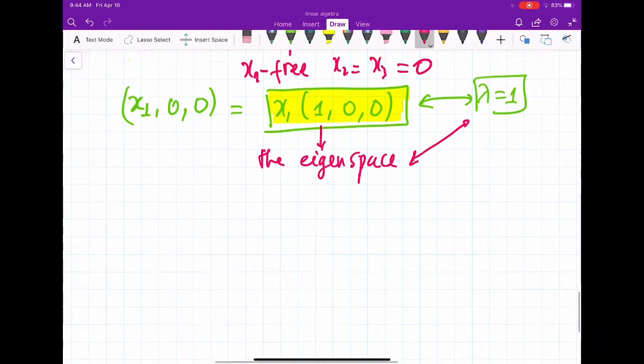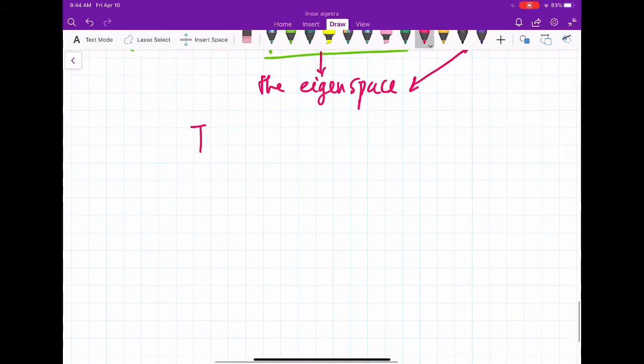Okay, so if you have some linear transformation from V to V, so the matrix should be square, right? The A_T square.